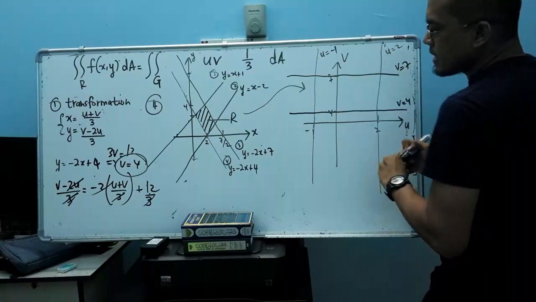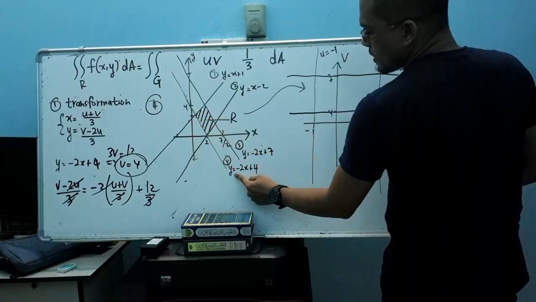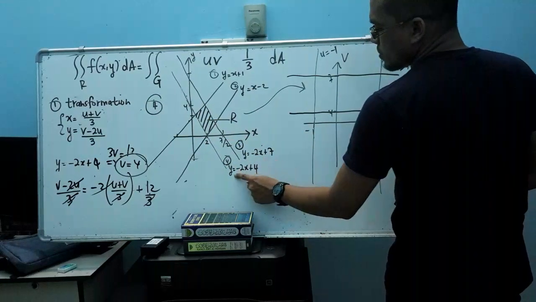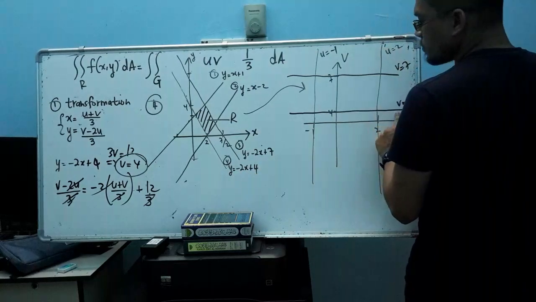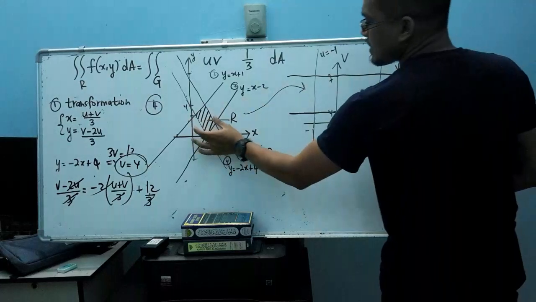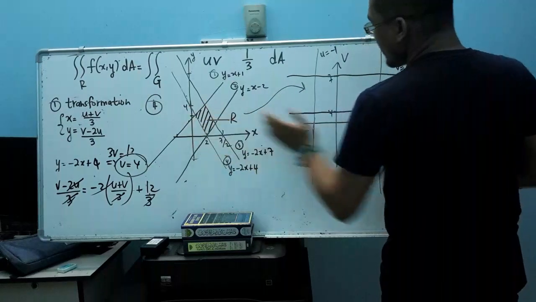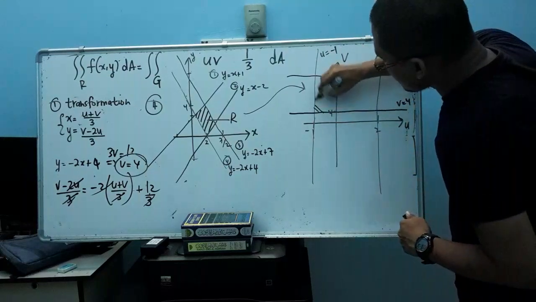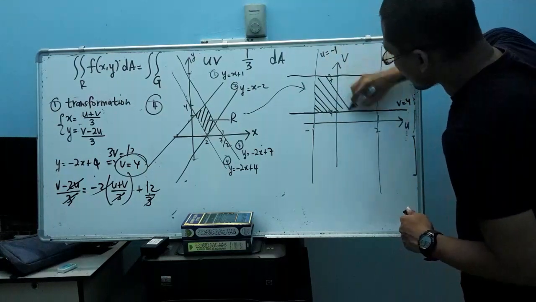And then you can see this R also is between these two lines. This line is transformed into v equals 4, this line is transformed into v equals 7. Since the R here in between these two lines is also between these two lines here, my G will be this rectangle.